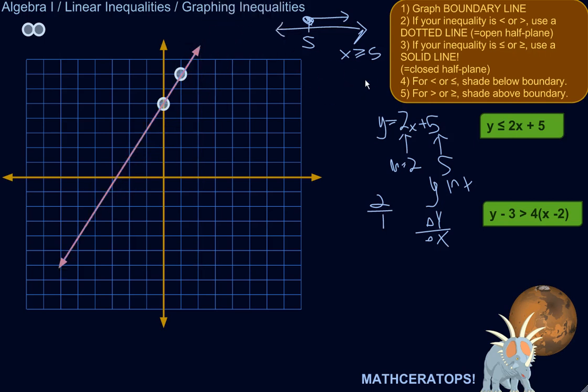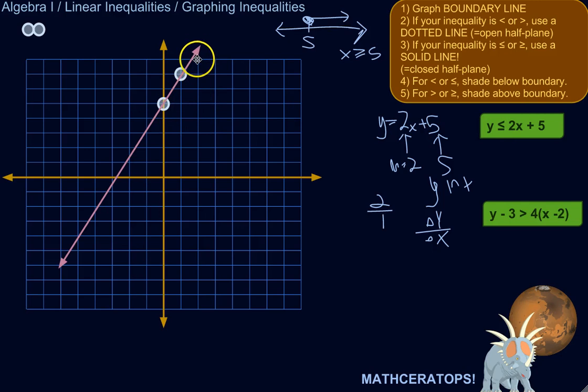Okay. The last question is, what side of my line am I going to shade in? The rule is if it's y is less than or less than or equal to something, you go below the line, right? That makes sense.